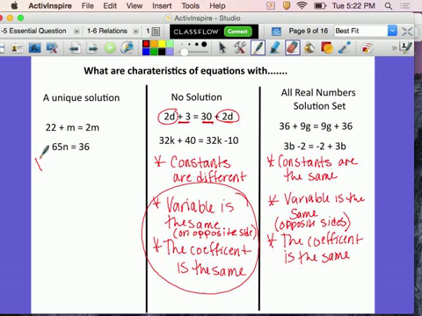Unique solution is more complicated, and that's why it's unique. You will still have the variables the same, that way you come up with an actual answer and not an expression. But the coefficients will be different. The constants may be the same, but the coefficients are certainly different.